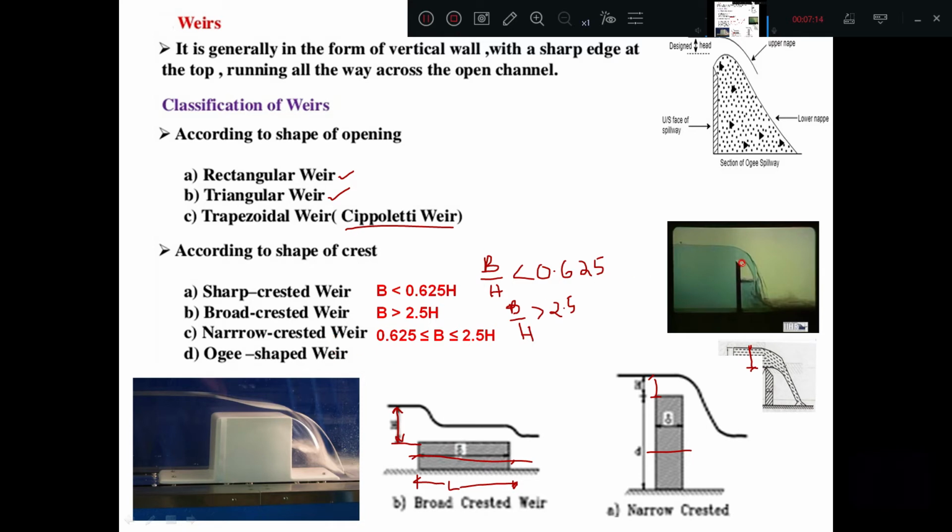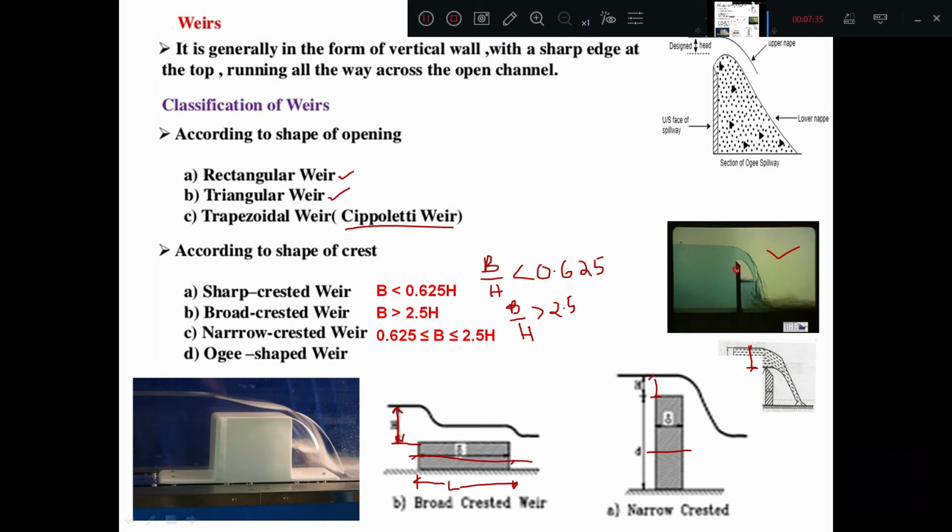Just look at the picture here. If you look at the crest, it is very sharp edged at the top, hence it is called a sharp edged weir.